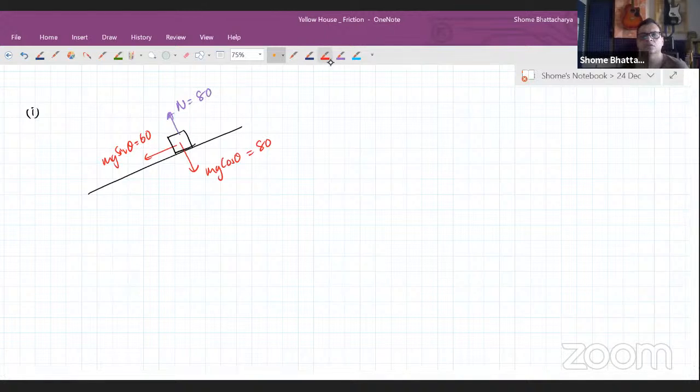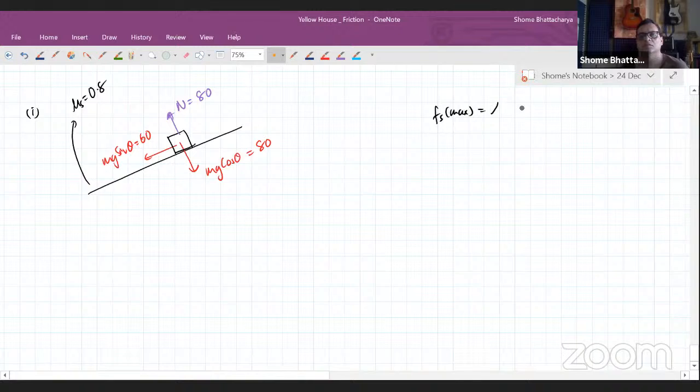Okay. So given that our coefficient of static friction is equal to 0.8, you can see that maximum static friction available to us is, sorry, is 64 newtons.